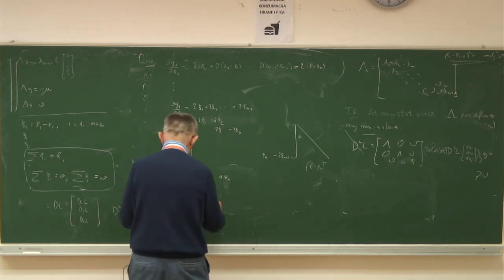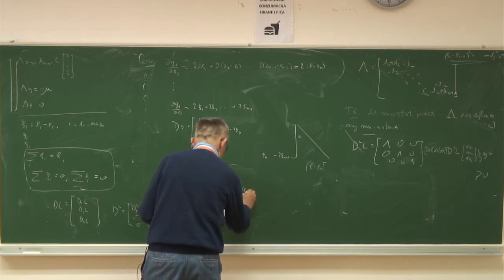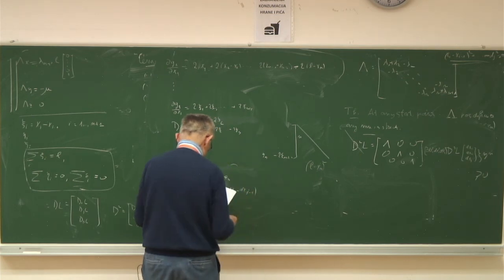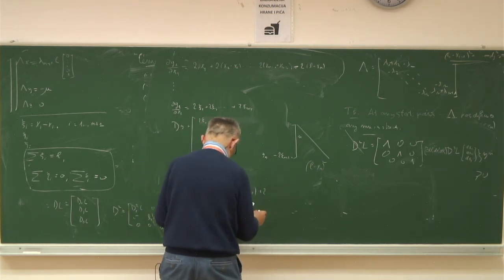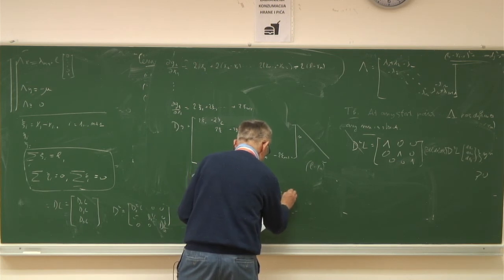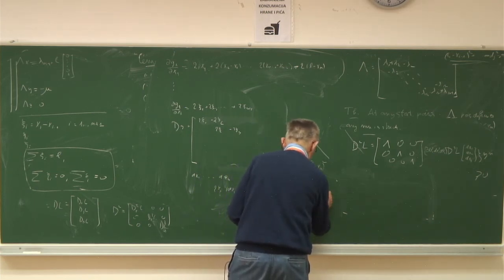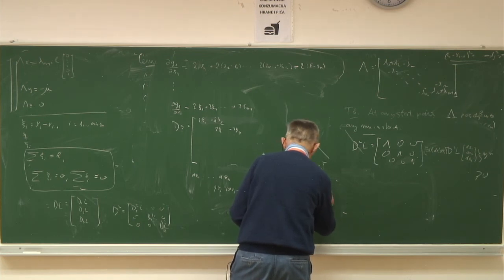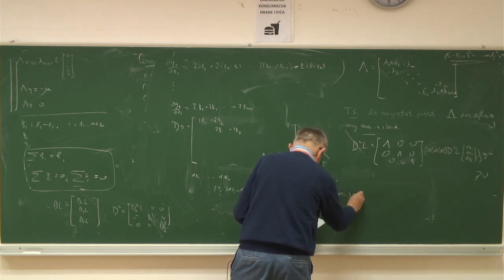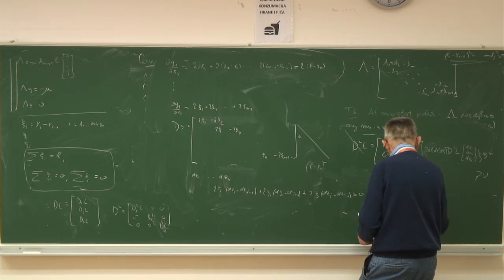That means 2 psi i (dxi minus dx(i minus 1)) plus 2 eta i (dyi minus dy(i minus 1)) plus 2 zeta i (dzi minus dz(i minus 1)) is equal to 0, for i equal to 1 to n plus 1.